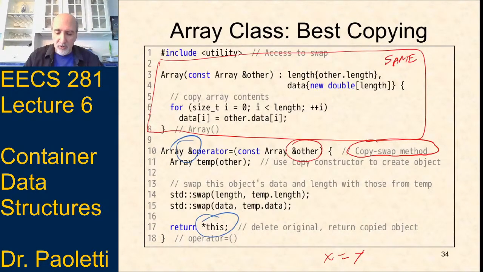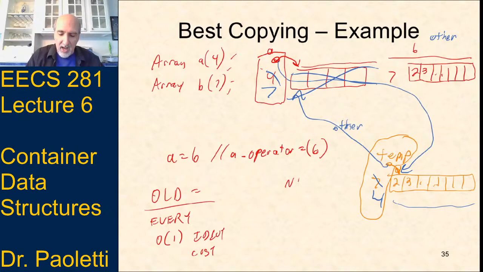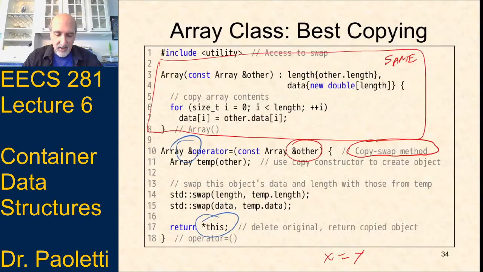So in the old way of copying, the old way for operator equals, everybody had an O of 1 idiot cost. In the new way of doing it, the copy swap method, idiots have an O of n cost. Because at line 11, idiots make a copy of themselves.